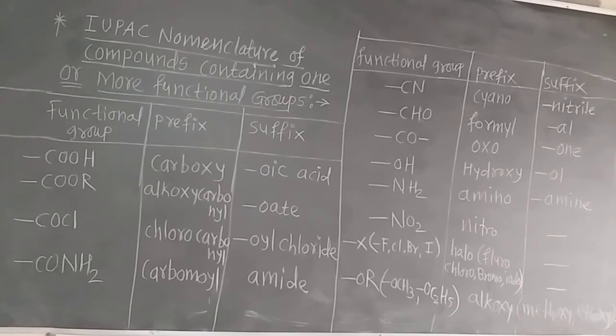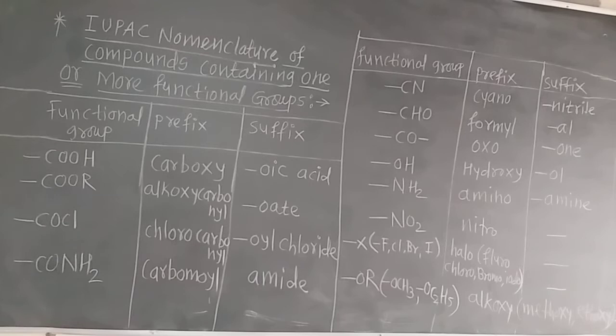Now on the blackboard, the functional groups are shown. If the functional group is taken as a prefix, then what is its name? And if the functional group is taken as the suffix, what is its name?